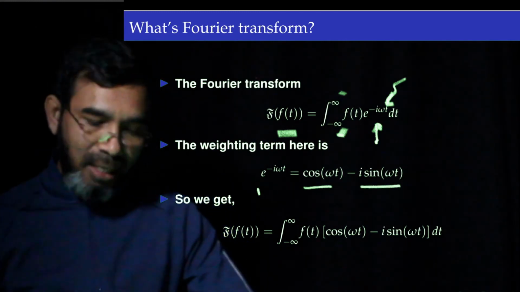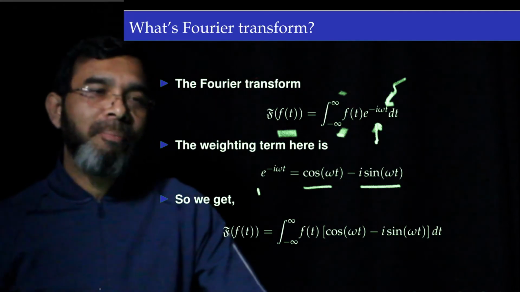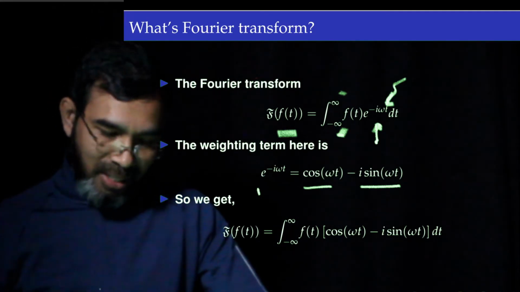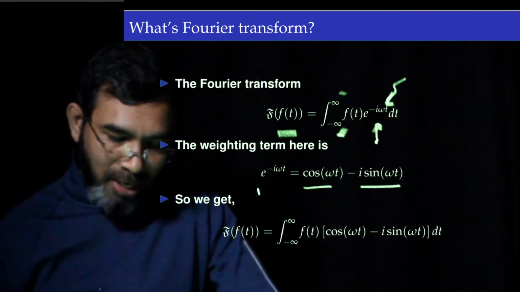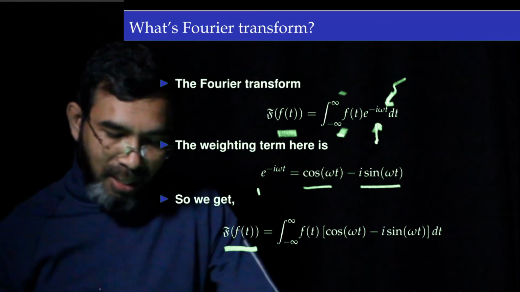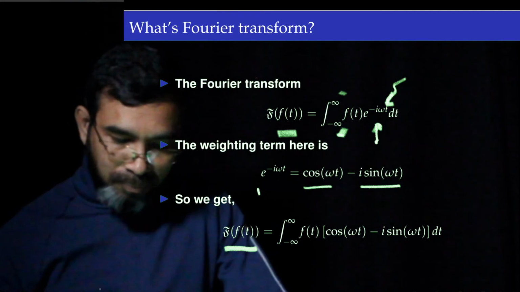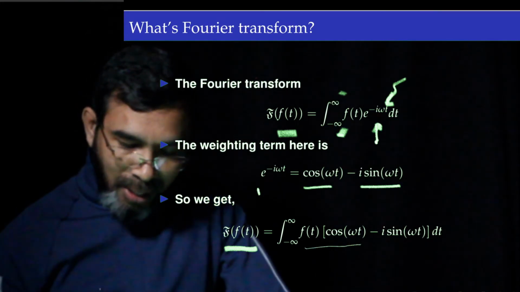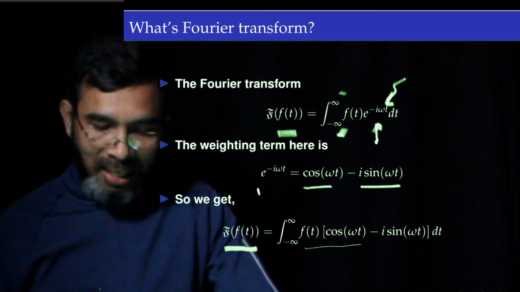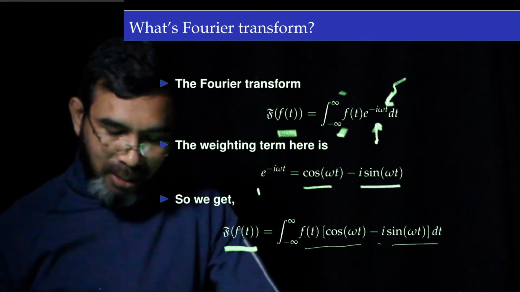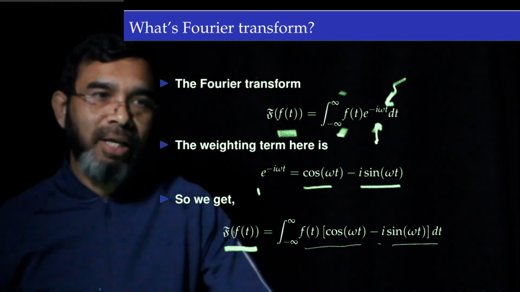Now let's take a look at it from the perspective of weighted integral. So the Fourier transform of f(t) is simply the integral over the entire horizon, with the function weighted by cosine omega t and then i sine omega t. That's the weighting factor here.